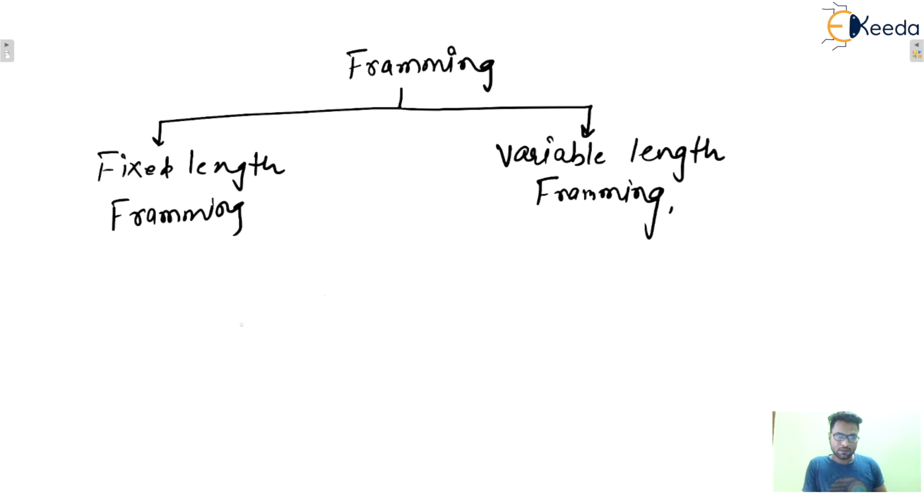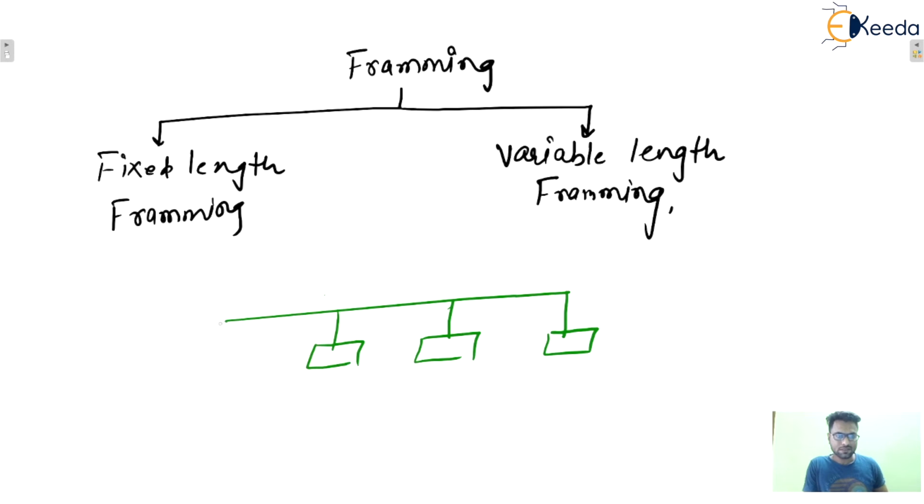Let's say this is a broadcast channel, and these are the stations A, B, C, D. Let's say A transmits one frame, and the destination address is C. This is the SFD.